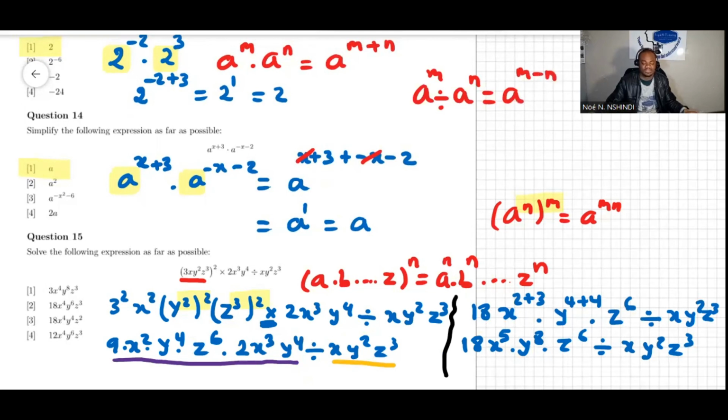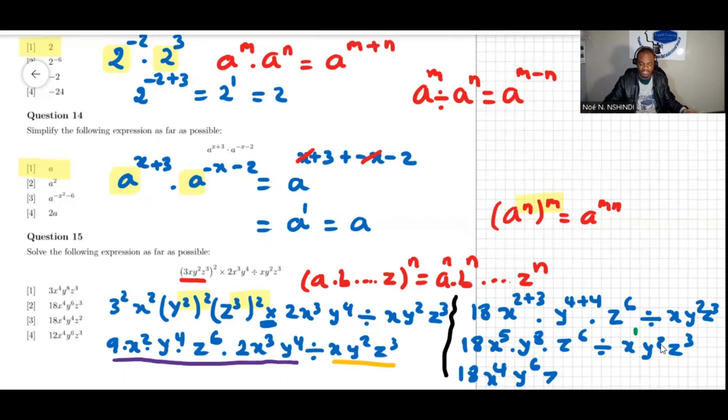When the division, we minus. So we're going to do 18x, because here the exponent is 1. If you don't see any exponent, understand that it has an invisible power of 1. So x to the power 5 minus 1, which is 4. And then y to the power of 8 minus 2 makes y to the power of 6.